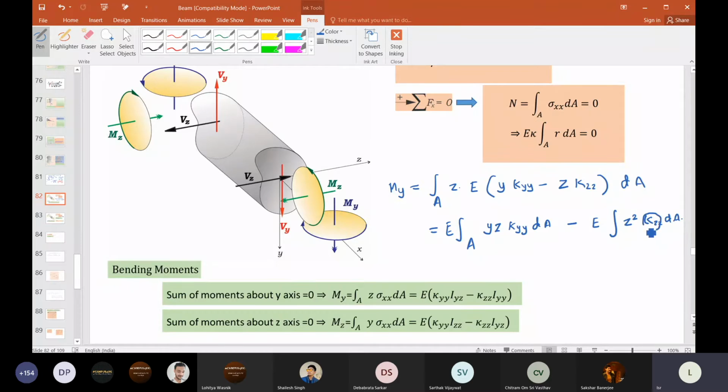These things are constant, you can take them out. So the integral of yz dA is what?